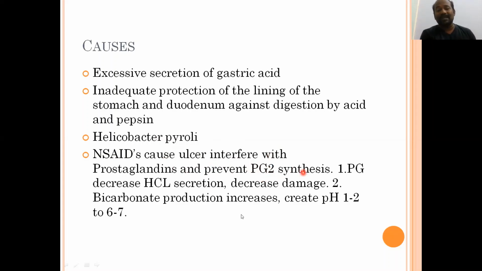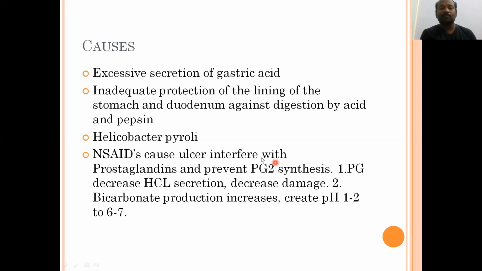If prostaglandins are normally there in the stomach, they will decrease hydrochloric acid secretion, so ultimately the damage will be reduced. If the prostaglandins are not there and the NSAID is preventing prostaglandin synthesis, then HCl secretion is more and damage of the mucosa will be more.